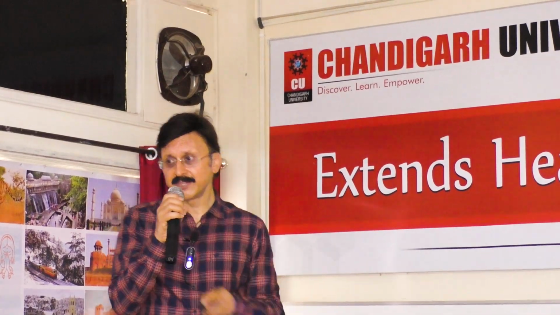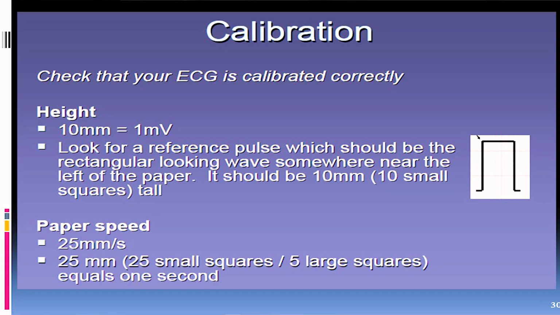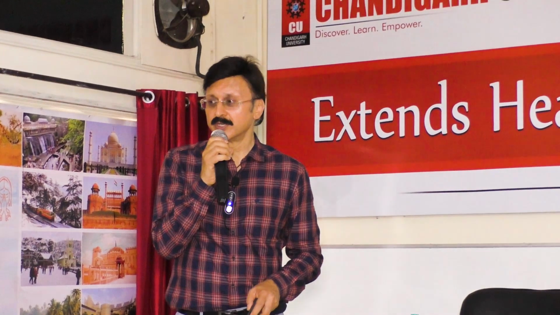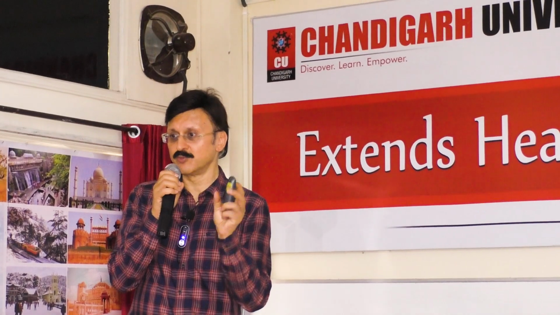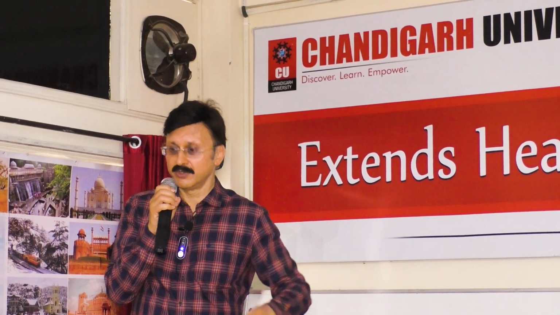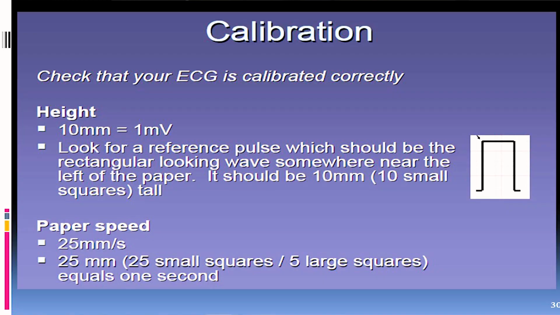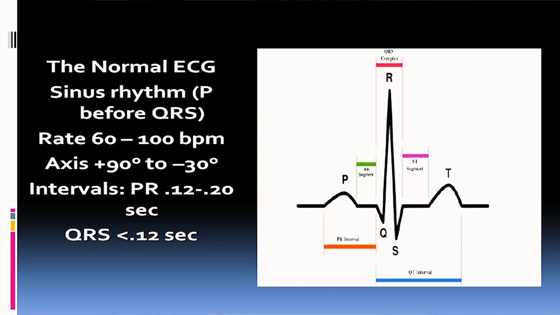And when we run the ECG, the speed should be 25 millimeter per second. Each big square has 5 small squares. So first we calibrate that speed should be 25 millimeter per second, and 1 millivolt shows a deflection of 10 millimeter. Once we have done this, then we record the ECG.